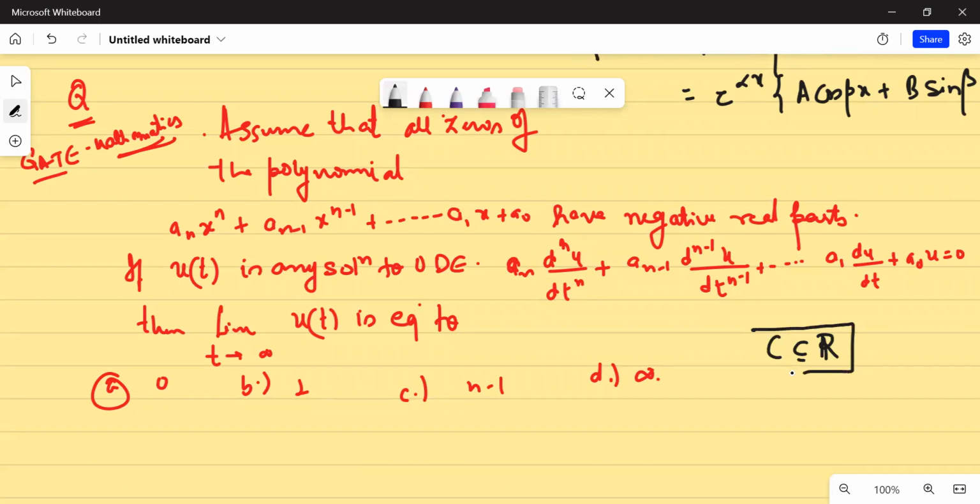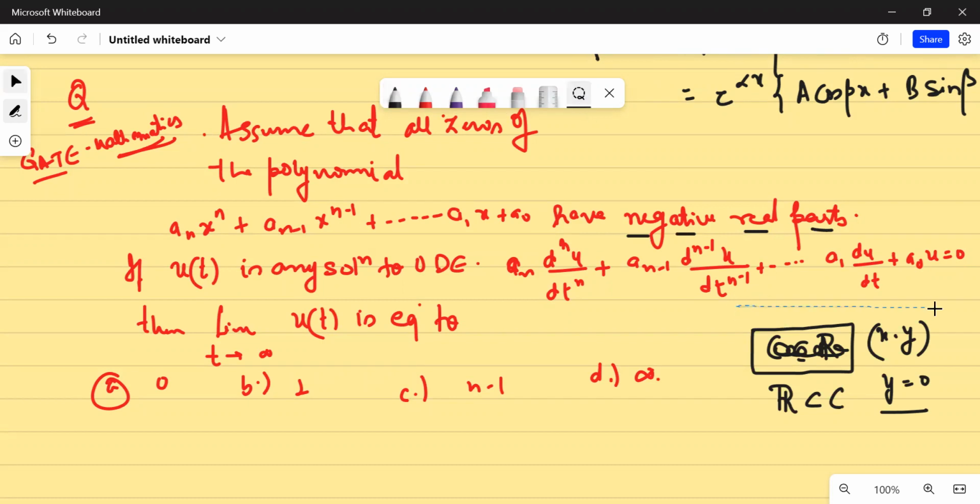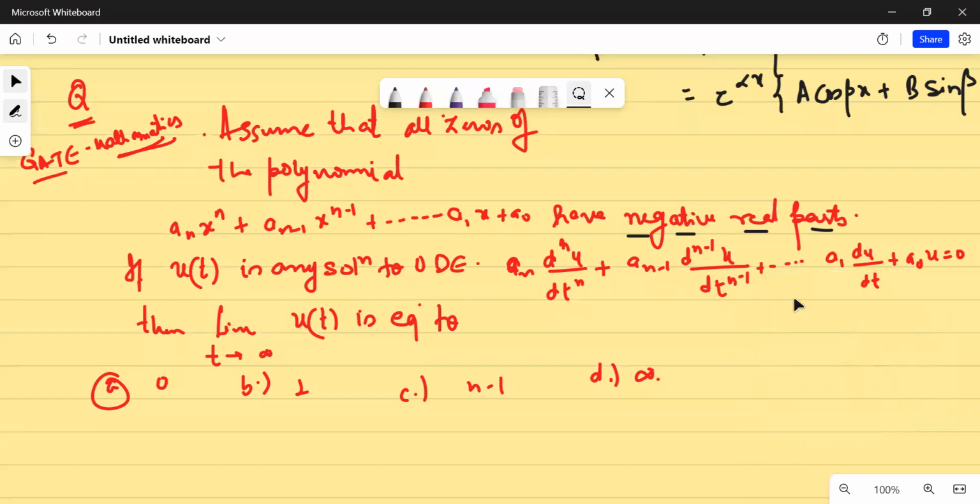Your complex numbers are in general denoted by (x, y), and if you take y equal to 0, you are actually writing a real number only. So it says that you have a negative real part. What does it imply? If I assume the roots to be complex, which in a particular case can be real as well by keeping the imaginary part as 0, it says that the real part has to be negative.